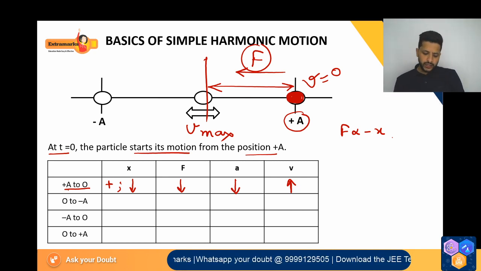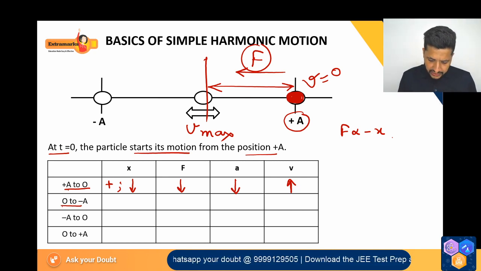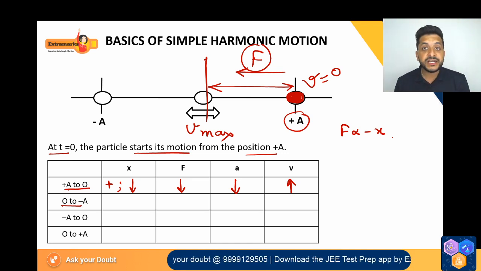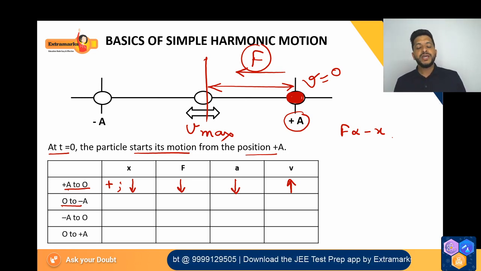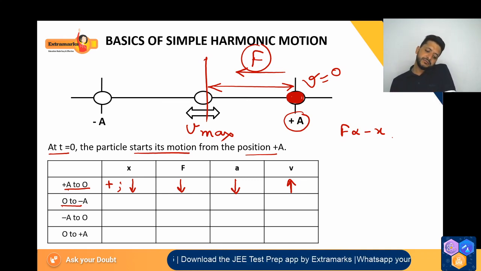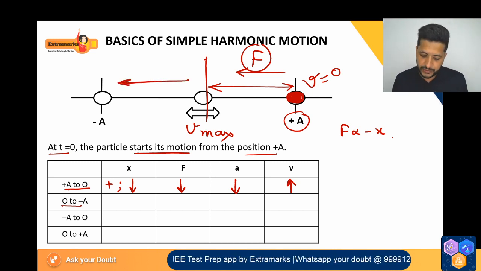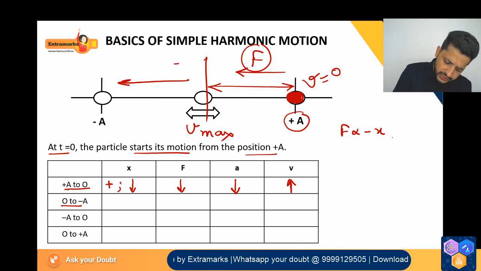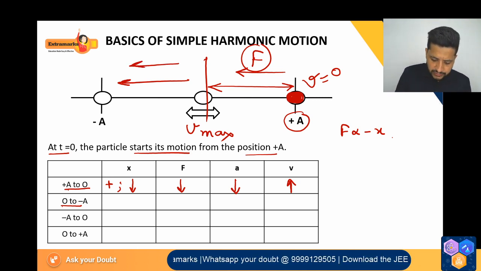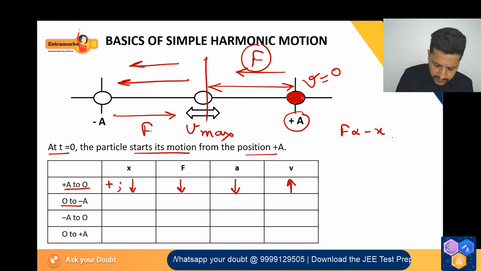Then from O to minus A: when it reaches the mean position, it has gained some velocity. Will it stop here? No. Inertia will come into play and the particle will start moving further away from the mean position in this direction. When it goes further in this direction, force is always in which direction? Force is always towards the mean position.